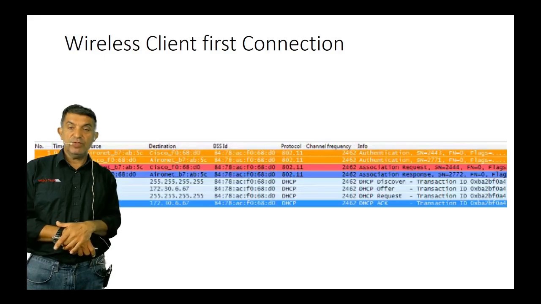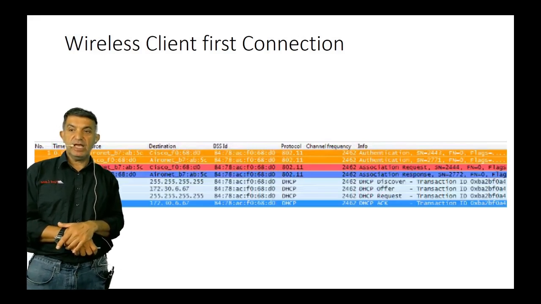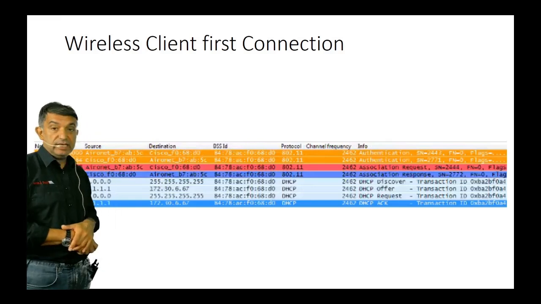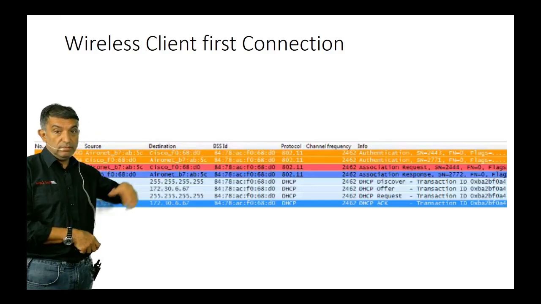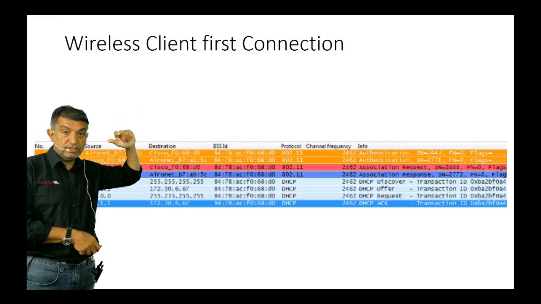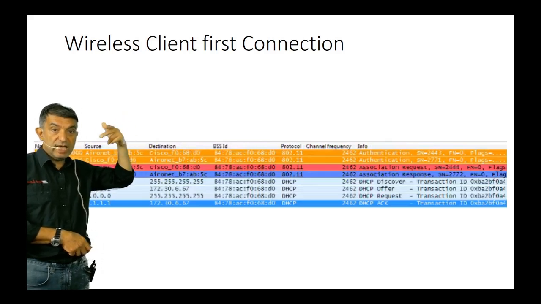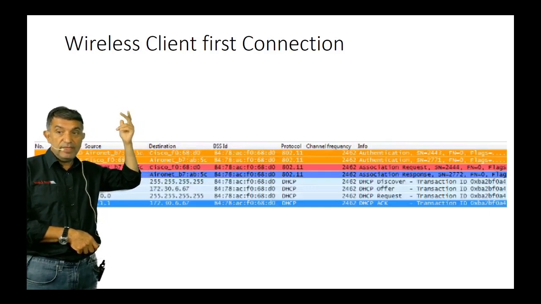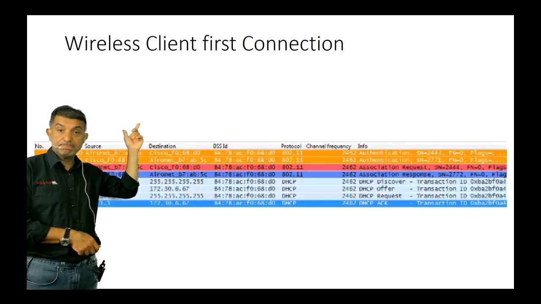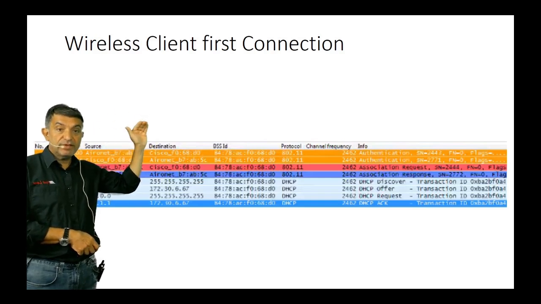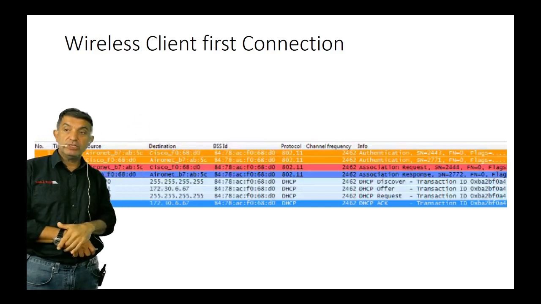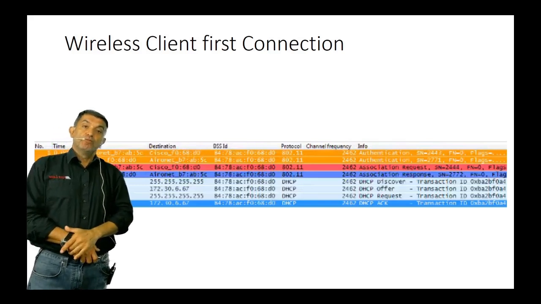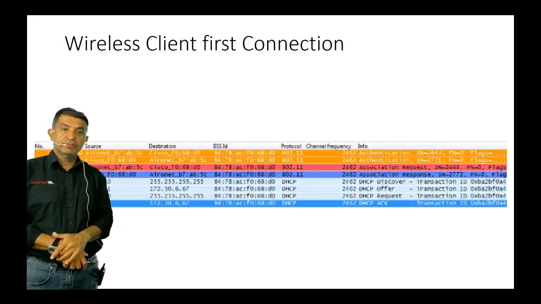Let me show you the wireless client's first connection. When the wireless client gets the first connection, after the probe request and probe response to the AP, it starts the 802.11 first authentication to the AP, and then it goes to the association. After the association, it depends on which type of security implementation we are using.